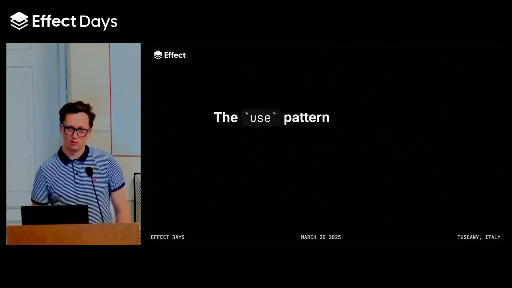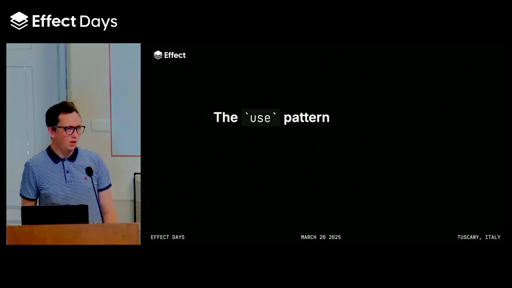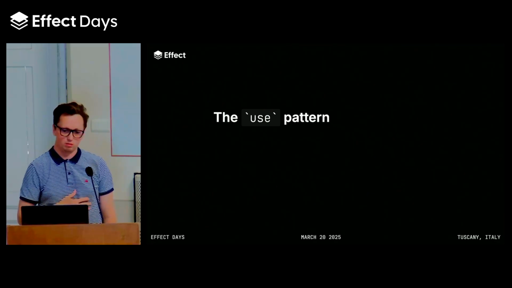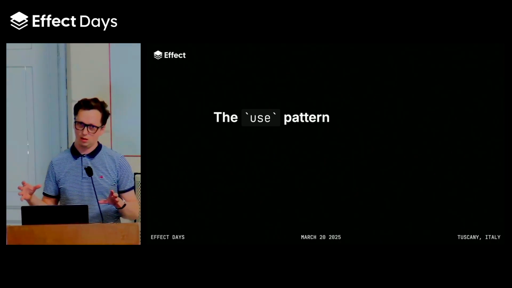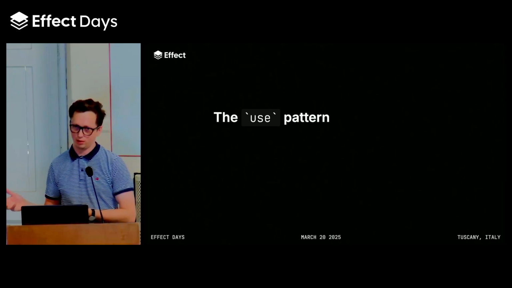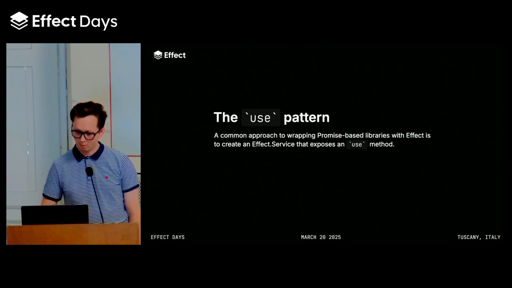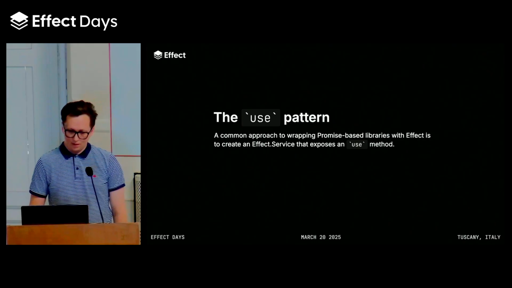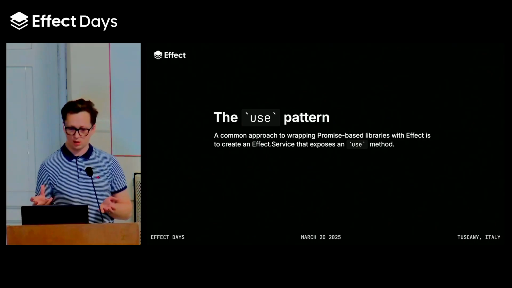The first thing I want to cover today is a pattern that I call the use pattern. I use this pattern myself a lot in the apps I write to bring in a library in a very efficient way, without having to do too much legwork. Often I'll create an Effect service.